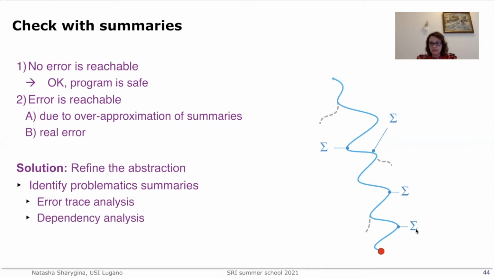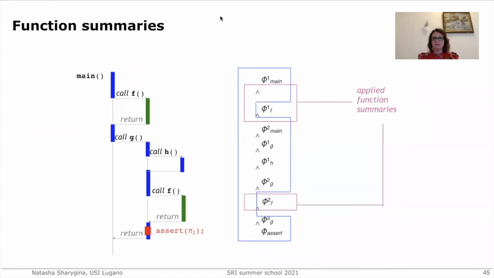By doing the dependency analysis between the property and each of the individual summaries, we can figure out if it's indeed the case that a particular summary causes spurious behavior or not. And once we identify the summaries, we are going to simply substitute them with precise representations, for example, to eliminate spurious behaviors.